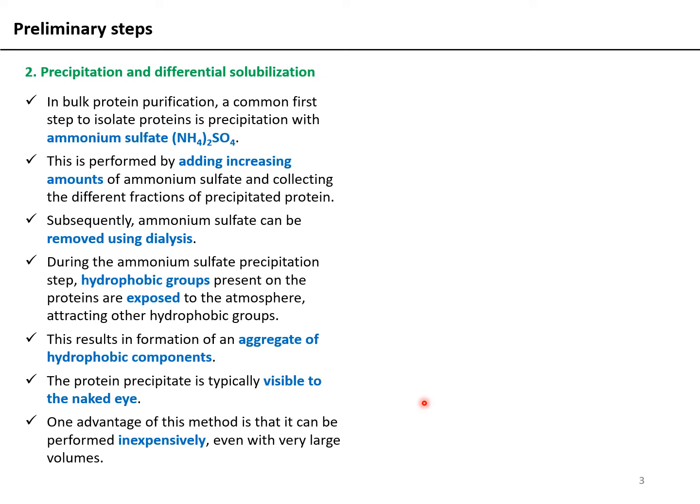That is, your protein of interest will remain in solution. If you have these two basic ideas and access to ammonium sulfate, you can perform this particular method, and it is very easy to do so with even larger volumes. So therefore, if you're thinking about production of any particular protein for pharmaceutical purposes, this can be a very suitable first step.